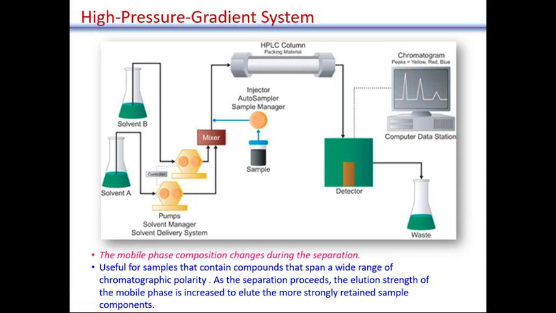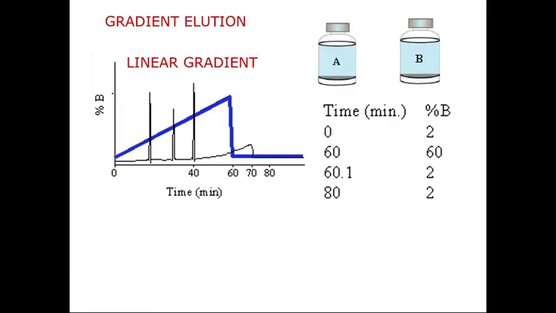You can make the gradient either as a linear gradient, that means the gradient changing constantly with respect to time. You can make a convex gradient, or you can also make a concave gradient. So here is a linear gradient where during the run you start with 2% B, and in 60 minutes it has gone from 2% B to 60% B. So here this is a linear change in the solvent composition.